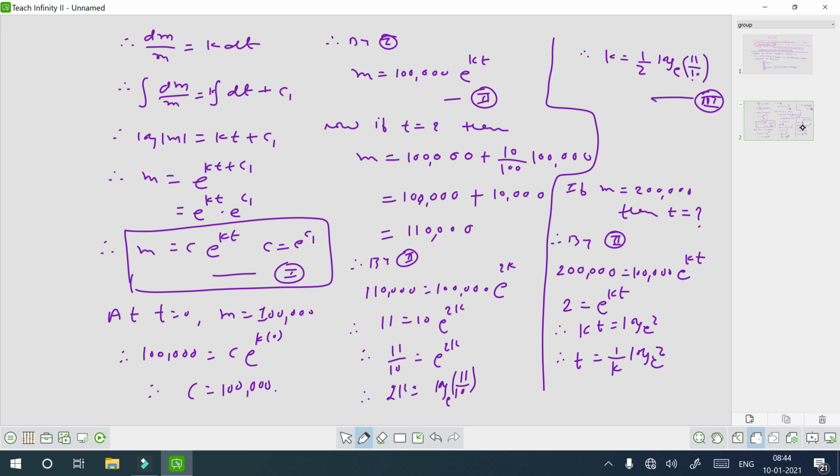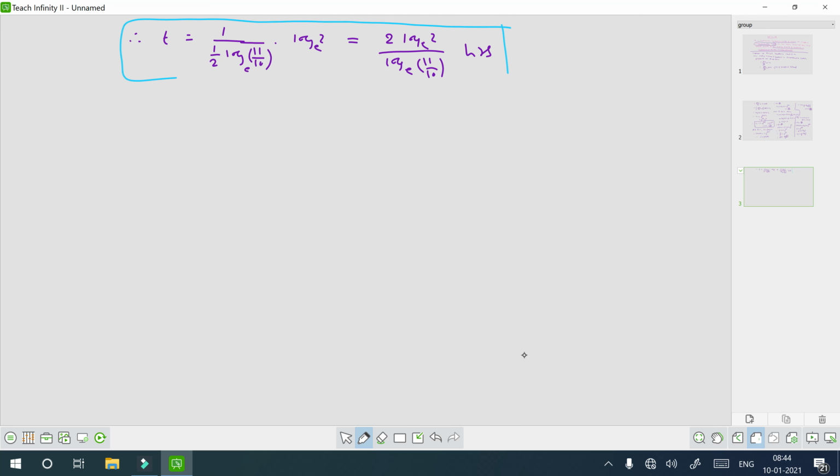Now replace value of k, and therefore t is equal to 1 by k, that is, half of log 11 by 10 base e, 1 by k, into log 2 base e. So ultimately it comes out log 2 base e over log e base 11 by 10 hours. See, this is the answer of t.